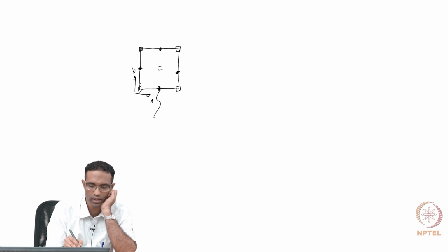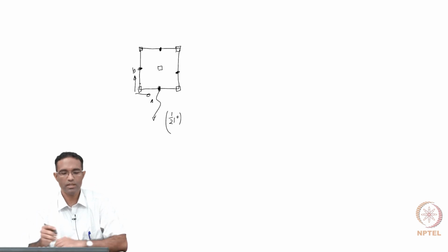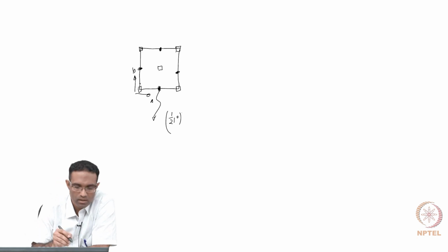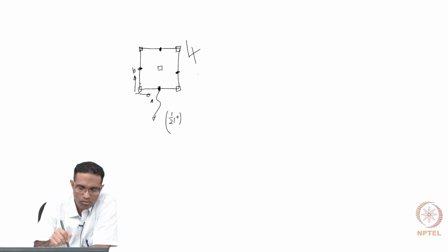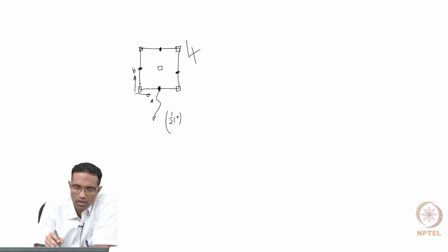So the fractional coordinate of this point is half, 0. The question is, how many new points are going to be generated when we perform the fourfold rotation? We shall do it one by one.